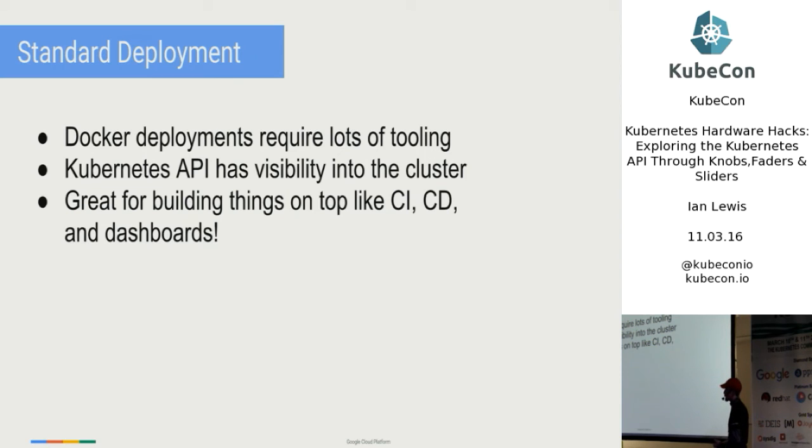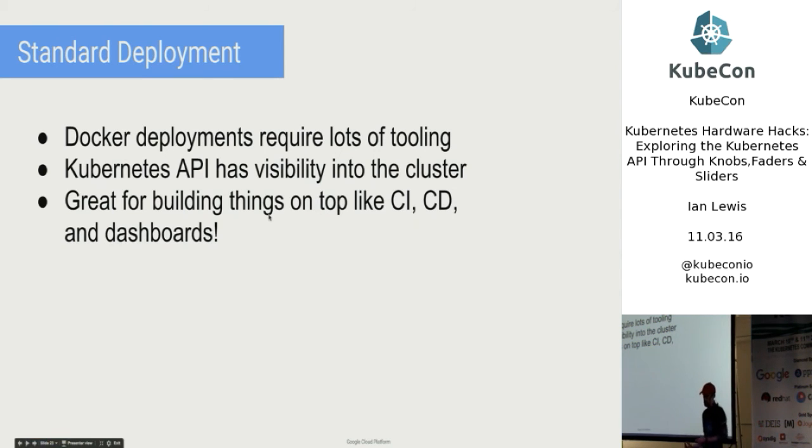Obviously, you could also build dashboards. The dashboard that they just talked about a few minutes ago is also a Kubernetes client, or an API client. So that gives you a lot of information about what's running in the cluster, what's there, how many pods are running, that sort of thing. Another great one is the Kubedash project.